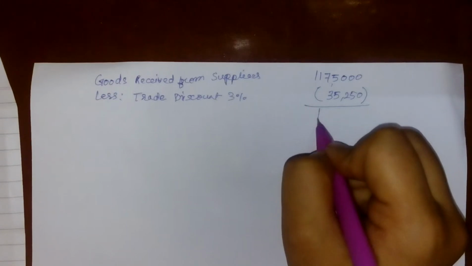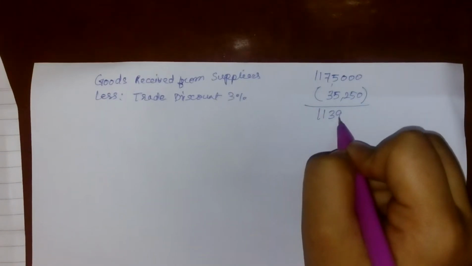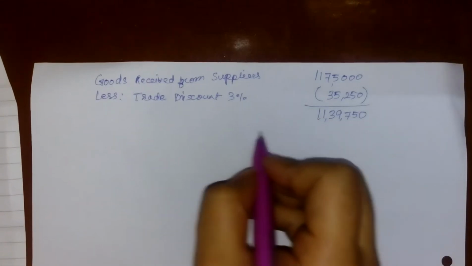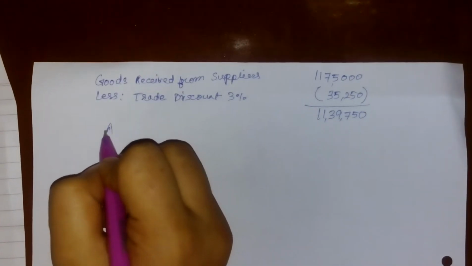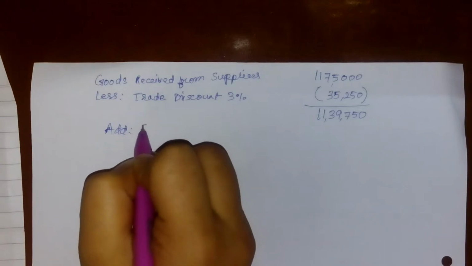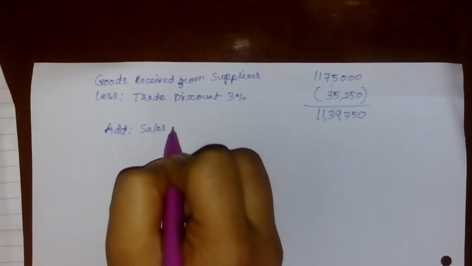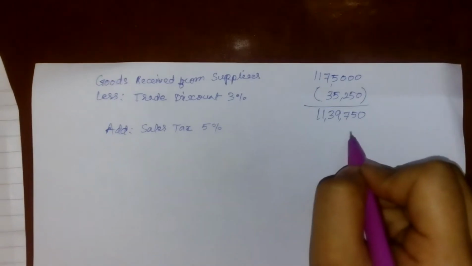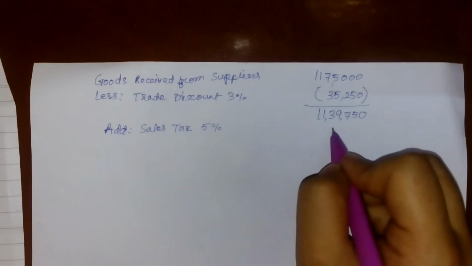So this is 11,39,750. Then we'll add the sales tax amount, which is 5%.